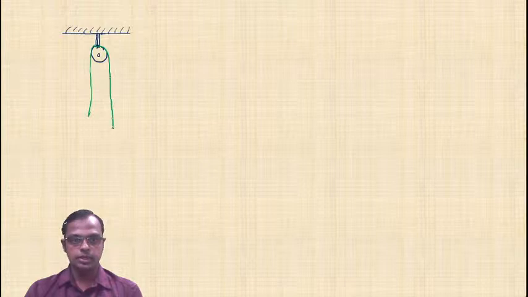On the pulley there is an inextensible string connected. On the inextensible string, at one end there is one mass connected, say it as M1. The other end, say the other mass as M2.